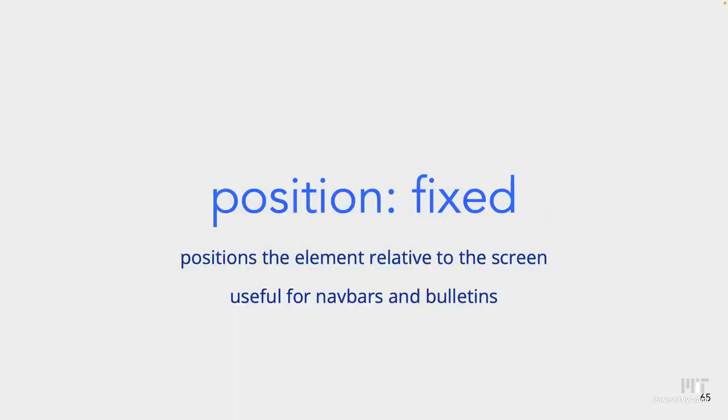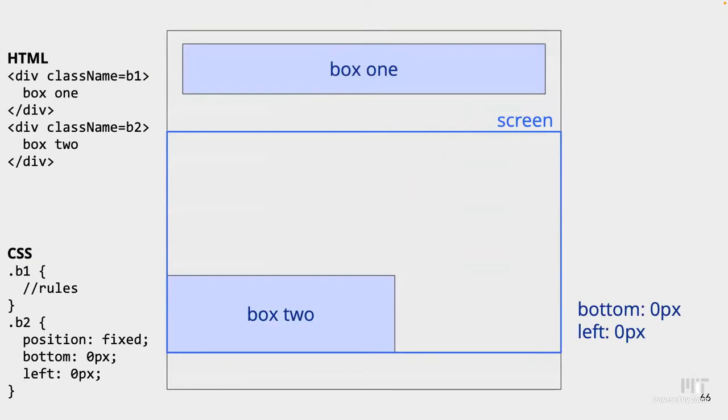This might be handy for something like a nav bar. If you want it to remain at the top of your screen as you're scrolling down a page, you can do that with position fixed. And so if we have it set as fixed with a distance of 0 from the bottom and the left edge, this element would then sit on the bottom left of your screen, no matter how much you've scrolled.